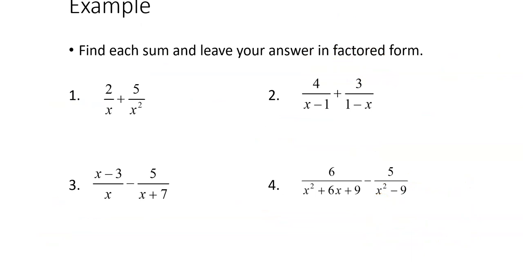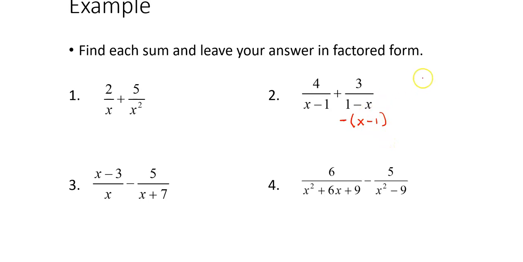Look at number 2. I've got an x minus 1 and a 1 minus x. Now, I could multiply the first one by a 1 minus x and the second one by an x minus 1, but you realize that these are pretty close to each other, right? A 1 minus x, isn't that the same thing as negative times x minus 1?